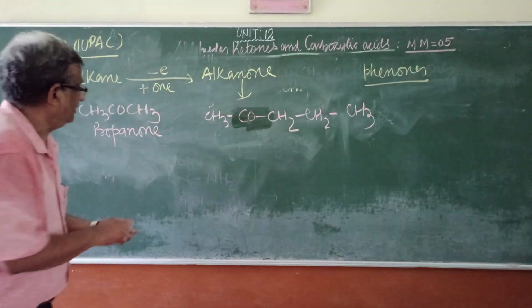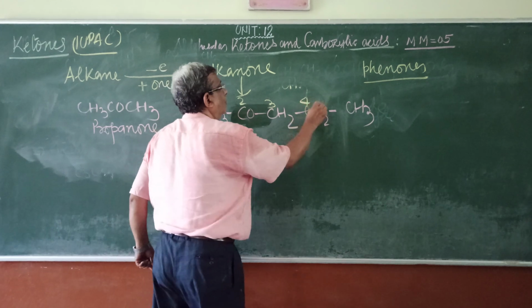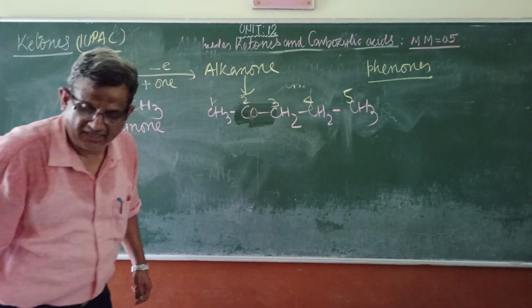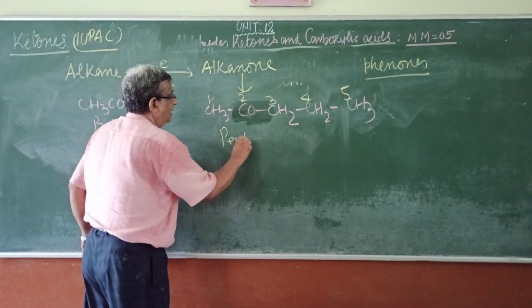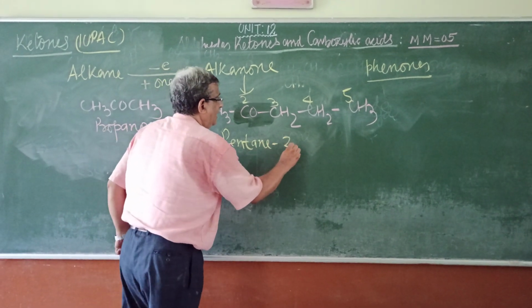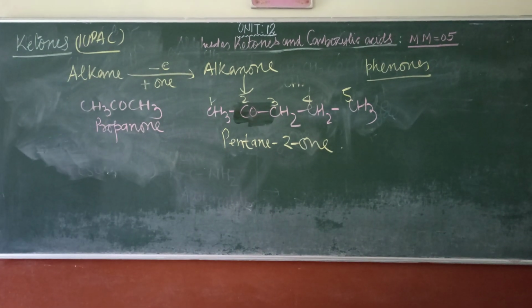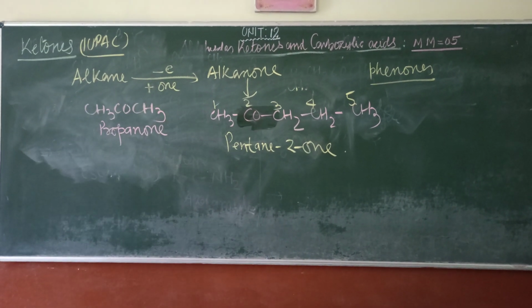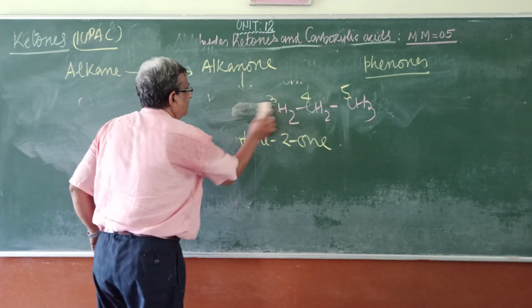Let us start the numbering. 1, 2, 3, 4, 5. And the name of this is pentane. The name of this compound is pentan-2-one.